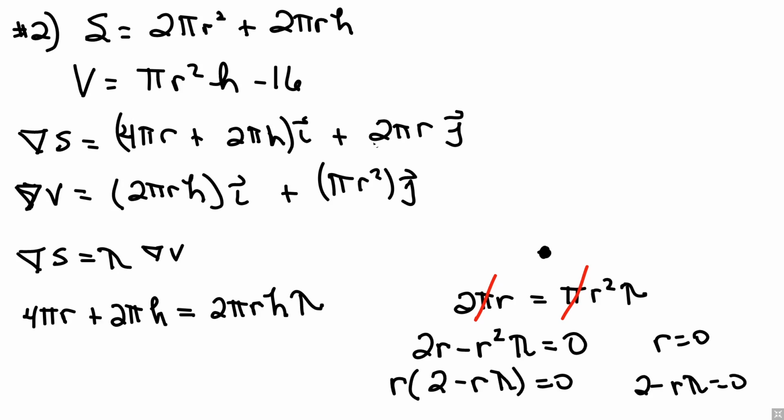Essentially I can solve this piece for lambda. So lambda is going to be 2 over r.